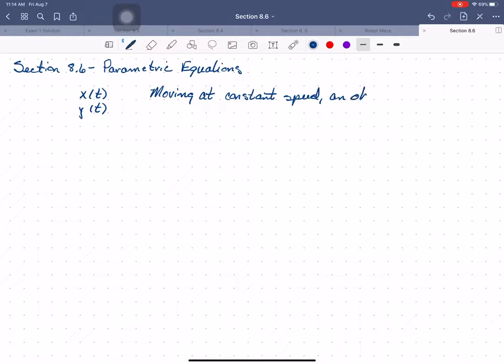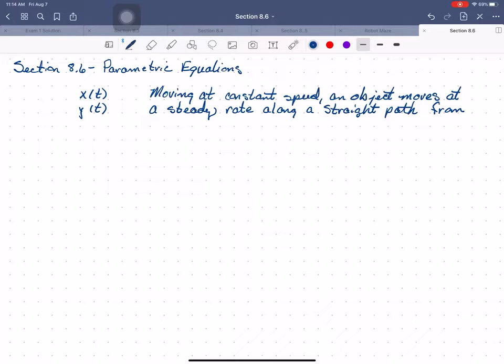And this object moves at a steady rate along a straight path, from a point that has been assigned the coordinates -5, 3, to another point that has been assigned the coordinates 3, -1 in 4 seconds.